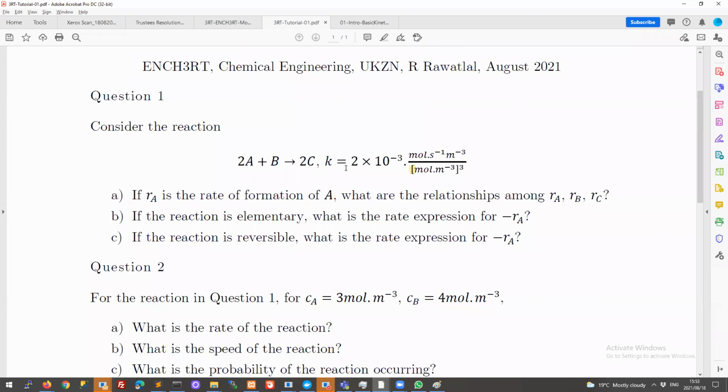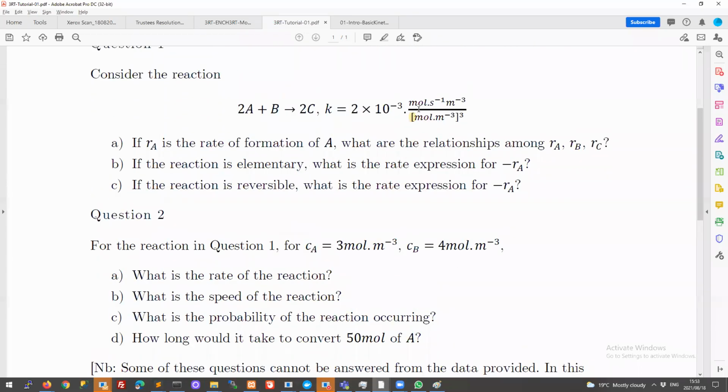You've got 10 to the 23 molecules in 1 mole. That's a crazy amount. You can hold 10 to the 23 molecules between your fingers. And so even in 1 cubic centimeter, even if your reaction rate is very low, this reaction is going to happen.